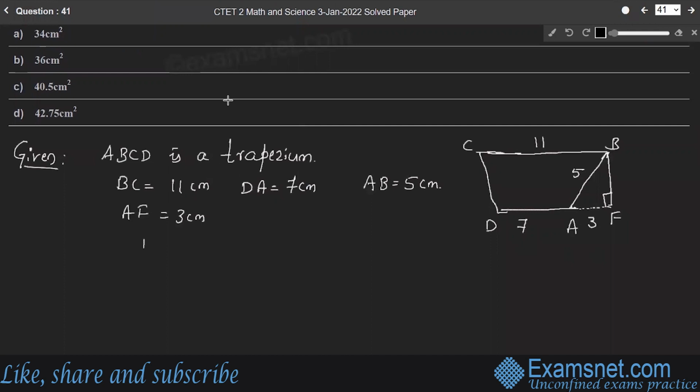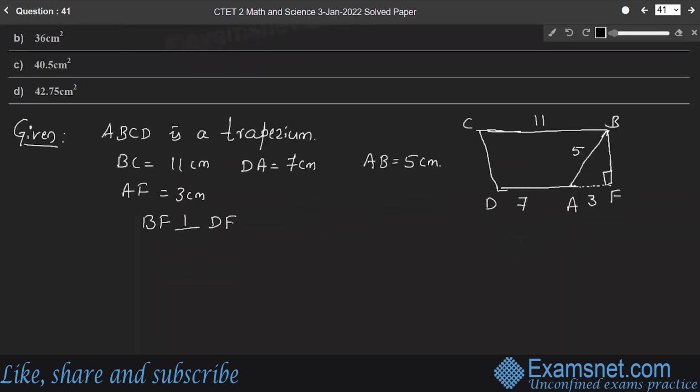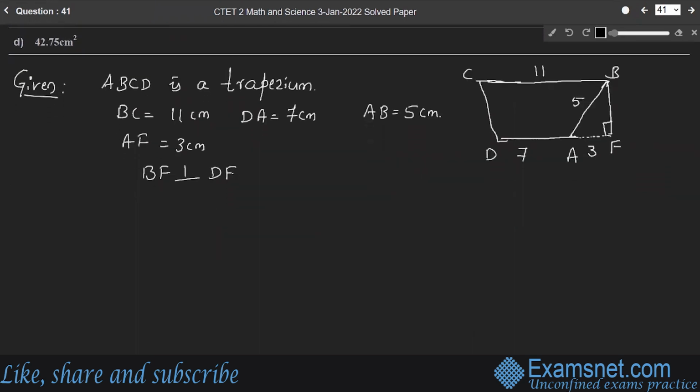And BF is perpendicular to DF. Because of the construction, we have got a right angle triangle here. Apply the Pythagoras theorem here. The formula of Pythagoras theorem is AB square is equal to AF square plus BF square. To find the area of the trapezium, we need the perpendicular height here. So the next step is the formula to be used.